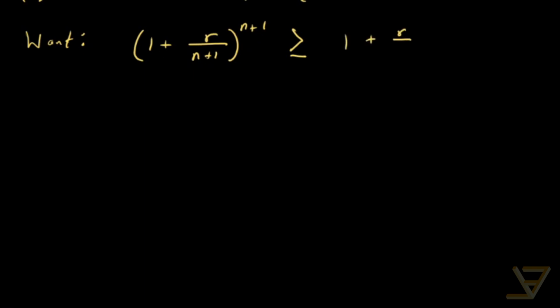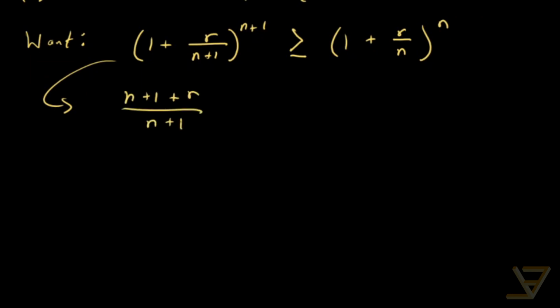So let's prove this. What we want is that 1 plus r over n plus 1 to the power of n plus 1 is greater than, well, let's say greater than or equal to for now. We'll show exactly when equality holds in just a moment. 1 plus r over n to the power of n. And we're going to rewrite the left side as n plus 1 plus r over n plus 1, and we're going to take the root of n plus 1 and put it over here.